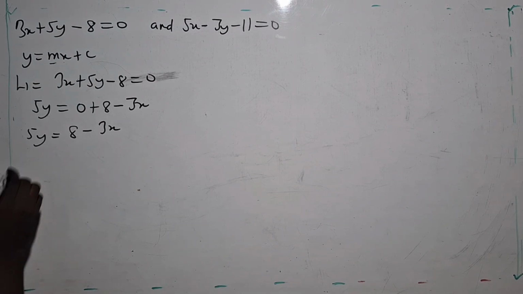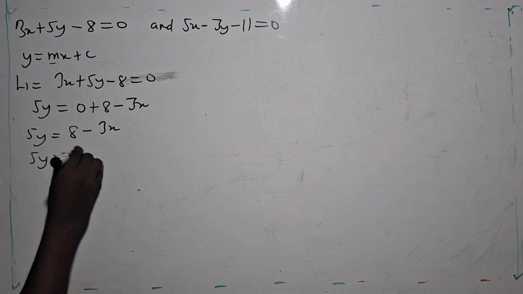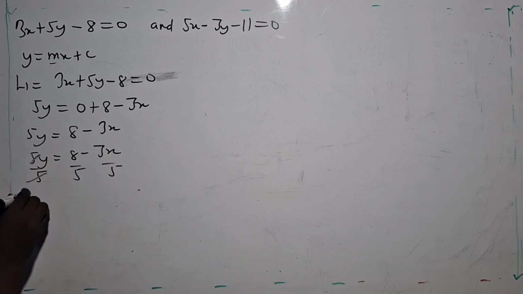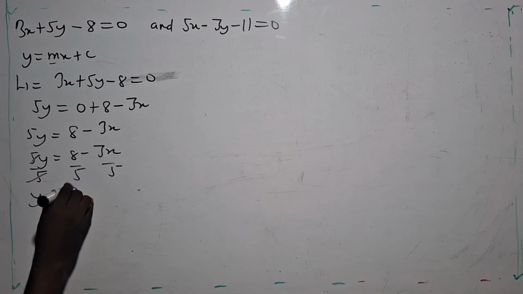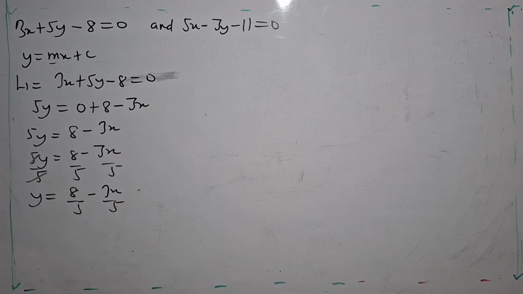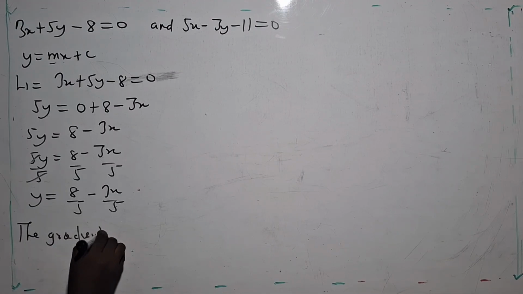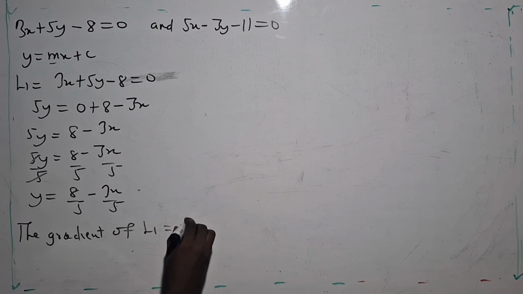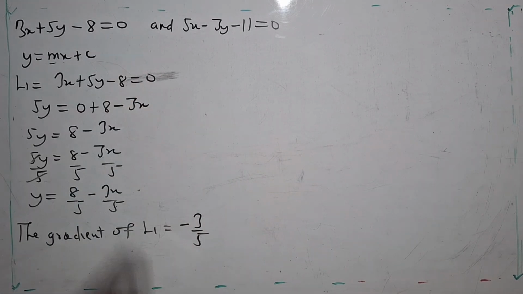Making y the subject, I'll divide both sides by 5. And y is equal to 8 on 5 minus 3x on 5. We have made y the subject, so the number multiplying the x becomes the gradient. So the gradient of line 1 is negative 3 on 5. This is the first gradient, of line 1.